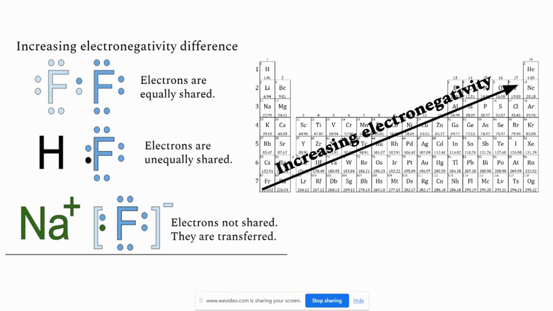Now, your non-metals are going to gain electrons because it's going to be easier for them to gain 1, 2, or 3 electrons to look like the noble gas. So if they gain electrons, then they're going to fill that electron level. Does that make sense? Okay.